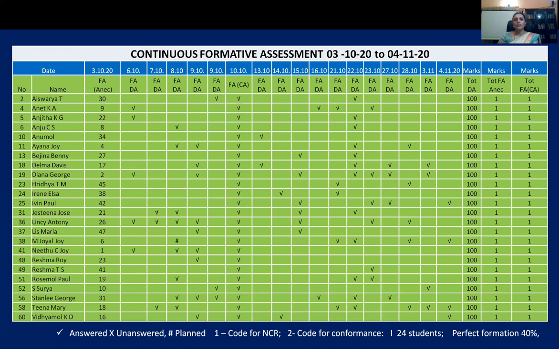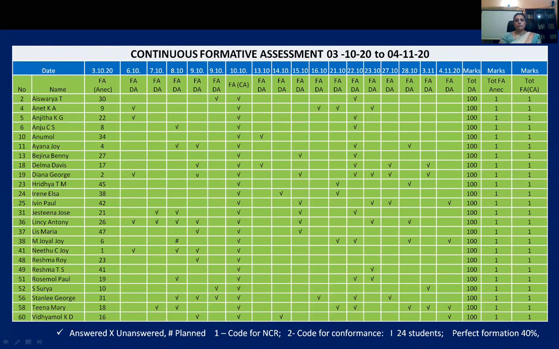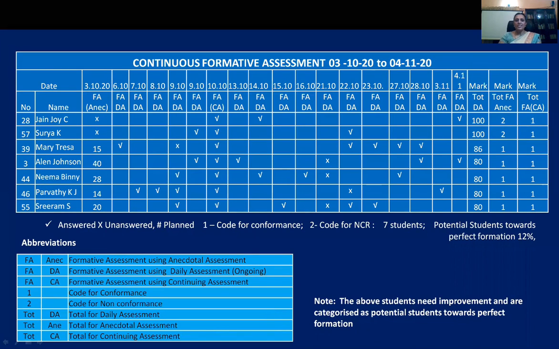Please note that among the 60 students, this slide shows those 24 students whose formation is perfect. This slide shows those 7 students who need improvement and are categorized as potential students towards perfect formation.